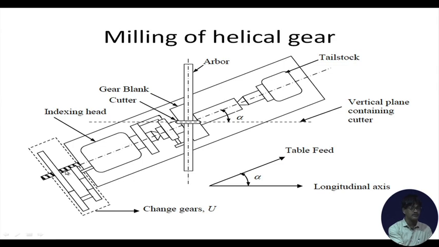So, if the lead screw rotates, these change gears will pass on this rotation, changed rotation of course, to the index plate, then on to the index crank which is locked with the index plate, and then to the worm gear, and ultimately to the workpiece. So, now we have a connection between the rotation of the workpiece on one side and the longitudinal motion of the workpiece. This is the longitudinal motion and the rotational motion, they are connected up.